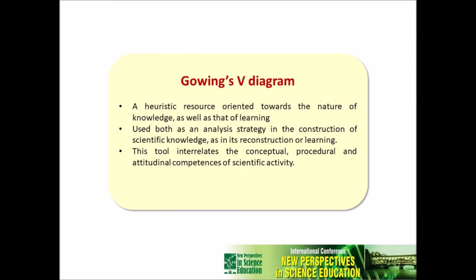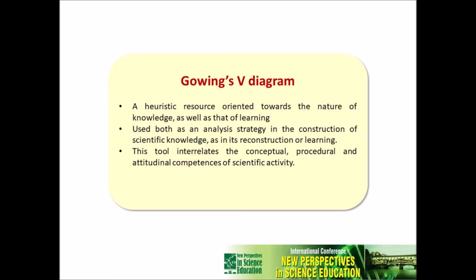Gowin's Venn diagram is a heuristic resource which is oriented towards the nature of knowledge, as well as that of learning, which allows it to be used both as an analysis strategy in the construction of scientific knowledge as in its reconstruction or learning.